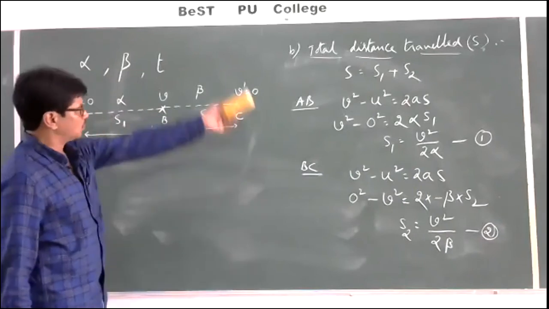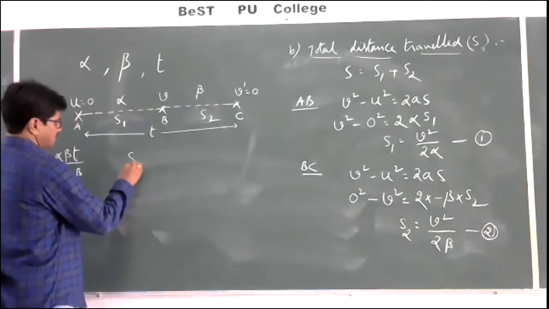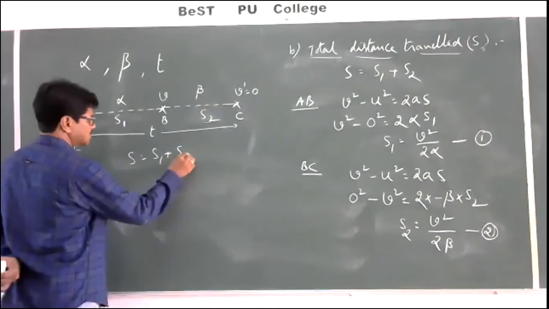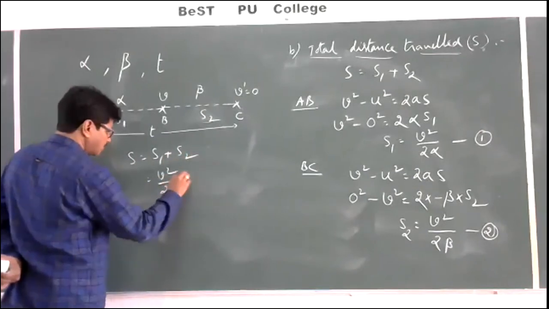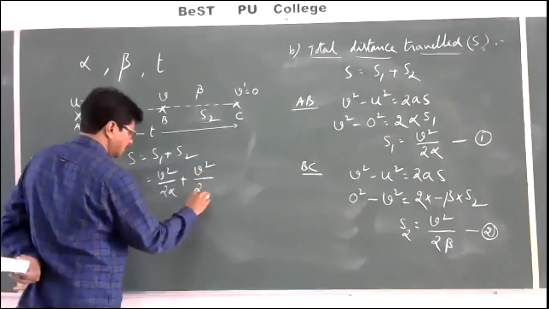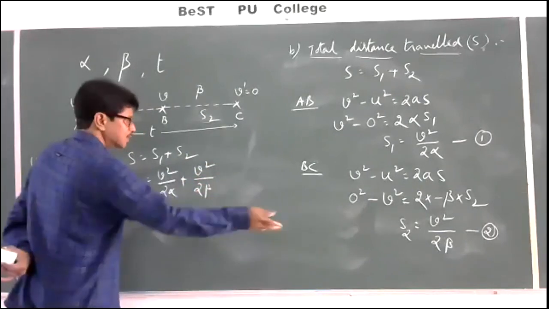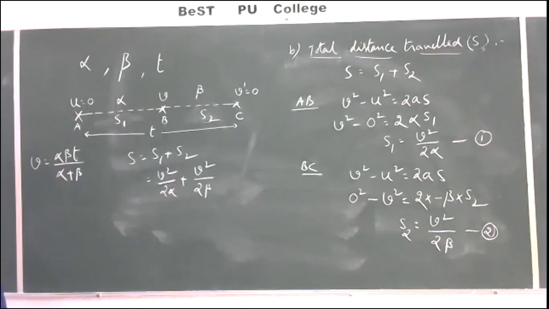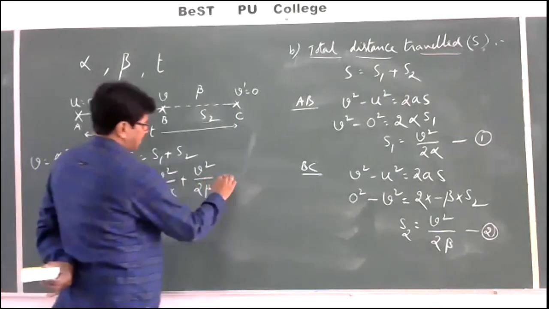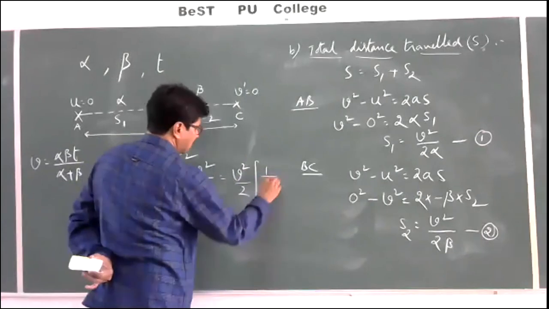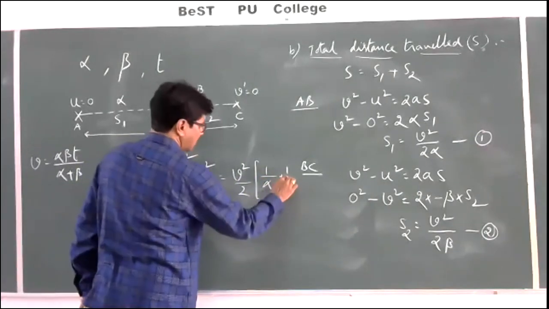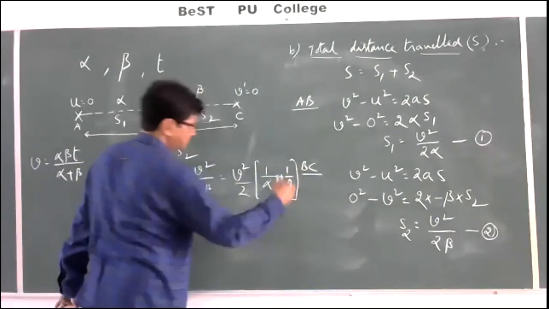Now you take those two values to find S. S is equal to S1 plus S2, which is V square by 2 alpha plus V square by 2 beta. If I take V square by 2 common, we'll get 1 by alpha plus 1 by beta.